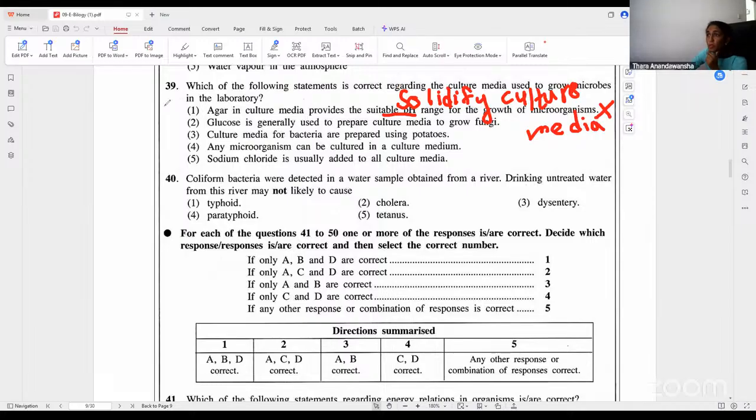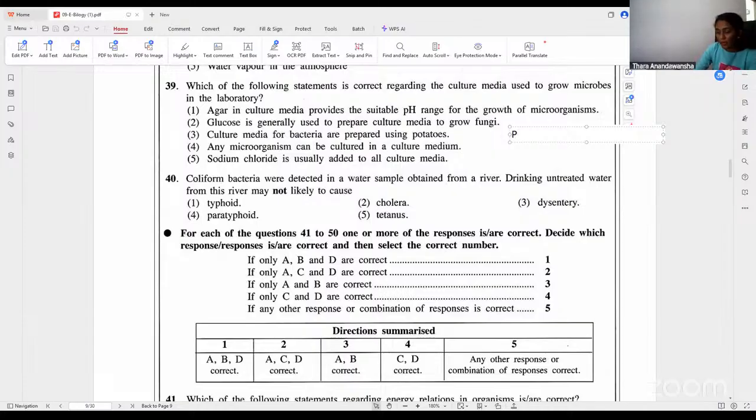Number 2, glucose is generally used to prepare culture media to grow fungi. What is the name of the culture media that is used to grow fungi? We call it potato dextrose agar. Also, we call it PDA. Potato dextrose agar has glucose as an ingredient. So that is the immediate energy source for them.